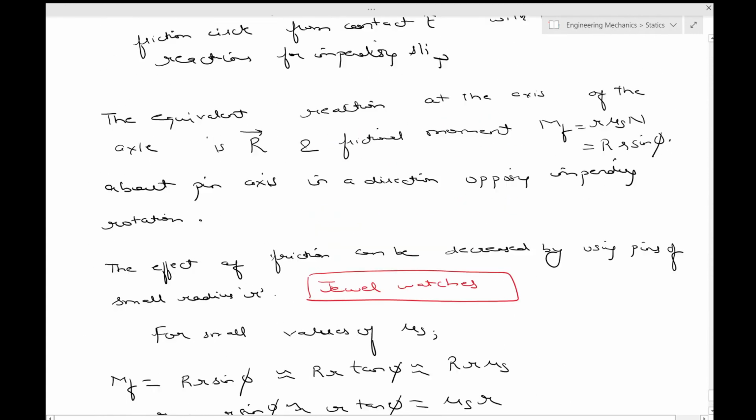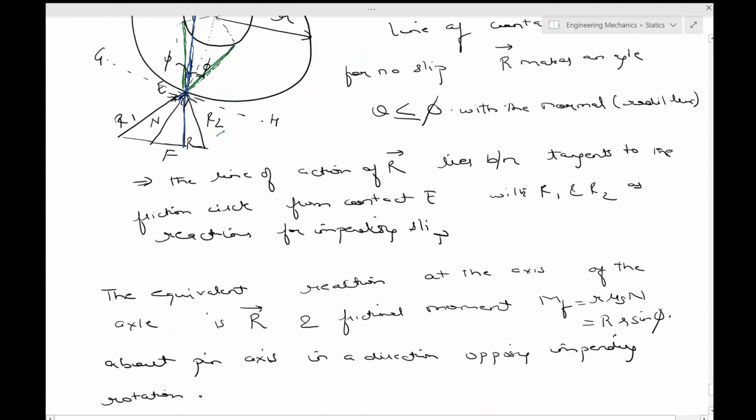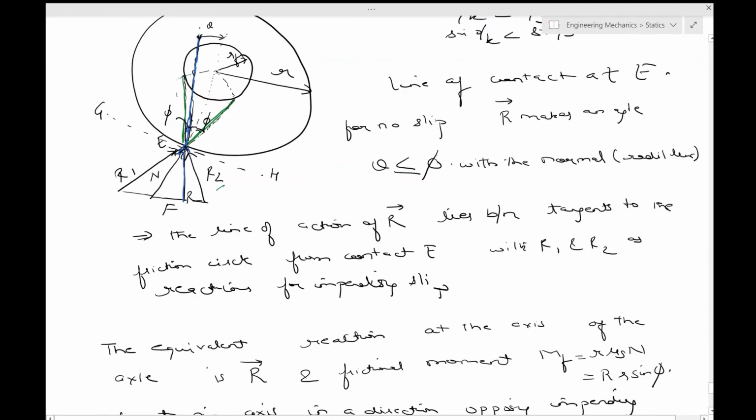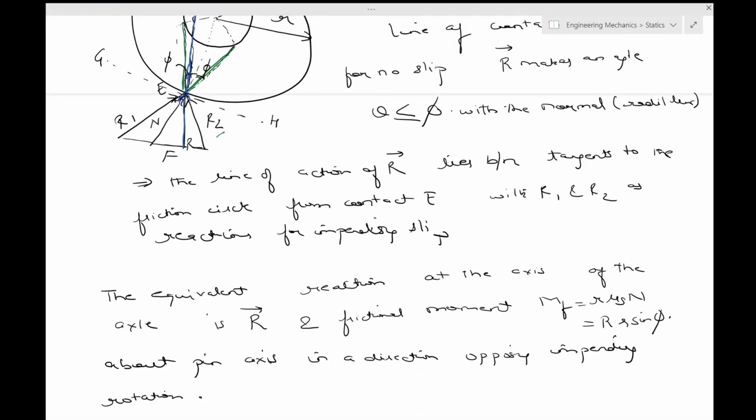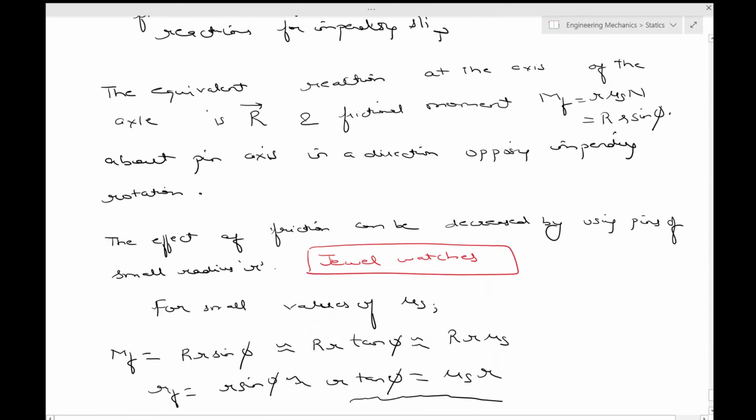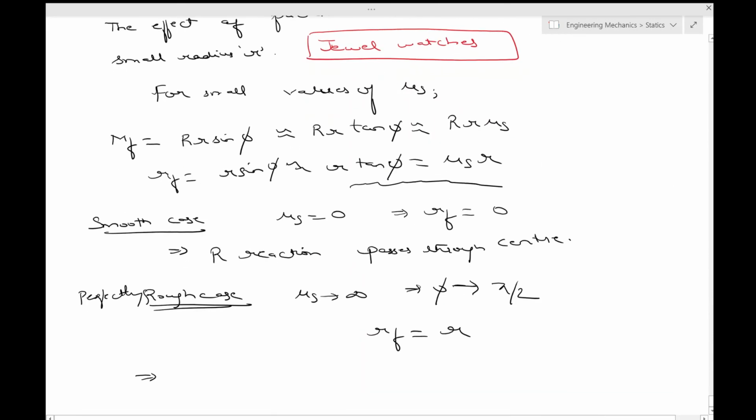Now coming back to this one. If there is a contact at E, then the reaction R, so this case which we are discussing now is this case. Sorry, I should put another ink. Perhaps red is the remaining one. So this RF equal to R, see diagram.